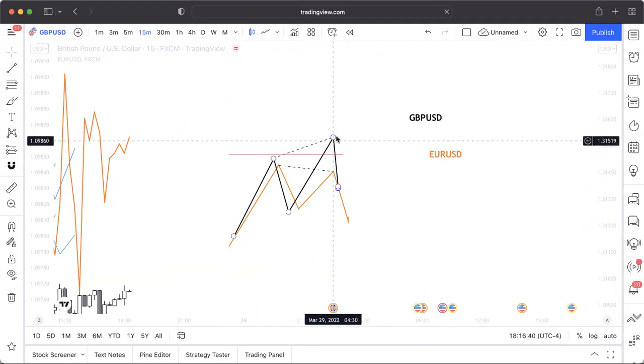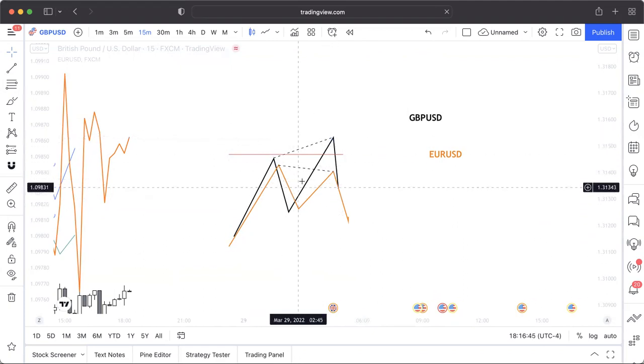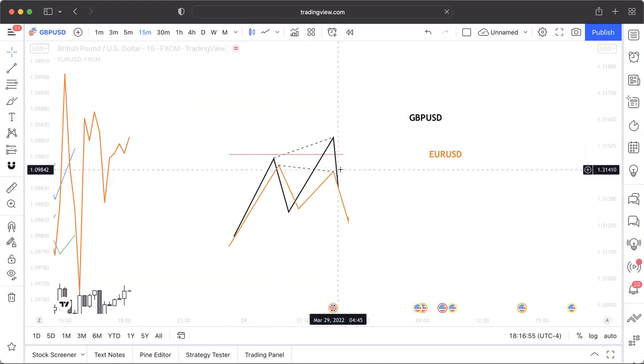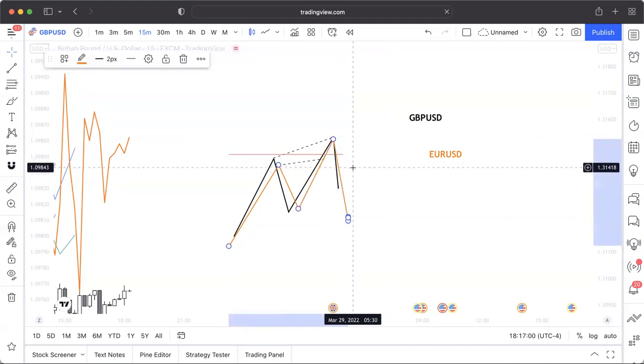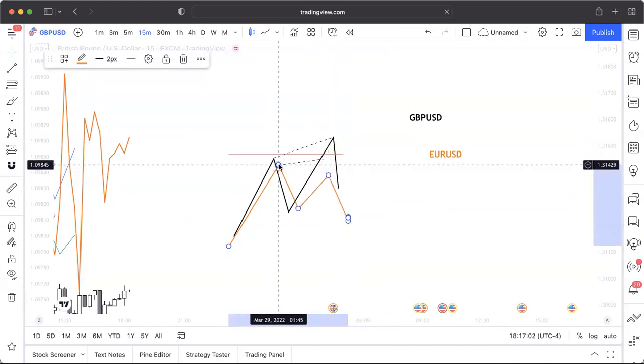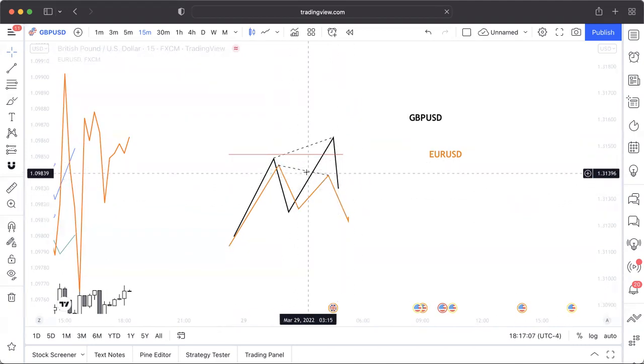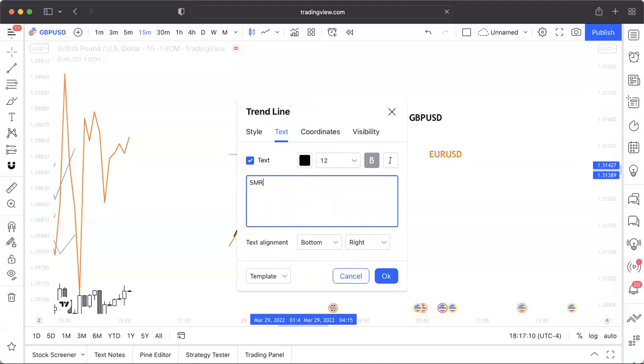That means this is likely only a liquidity sweep instead of a directional continuation in the market, because it created a higher high, but Euro USD did not create a higher high as it should have. It only stopped and did not create anything higher. So this would be an asymmetric correlation, an SMT divergence between these two pairs.